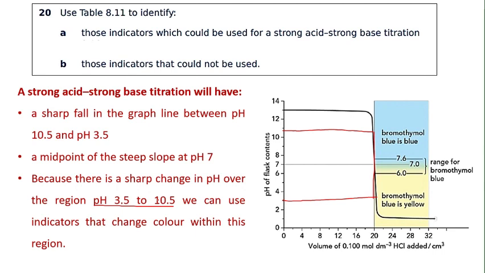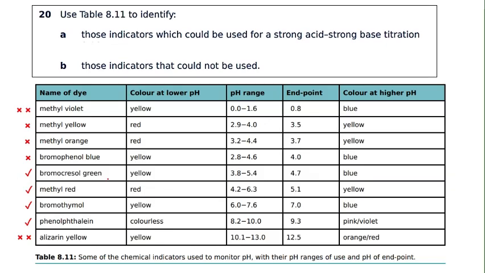So now we can go to the table and see the indicators that come in this range. First of all, bromocresol green, having the pH range between 3.8 and 5.4, can work because we have to check for indicators between 3.5 and 10.5.